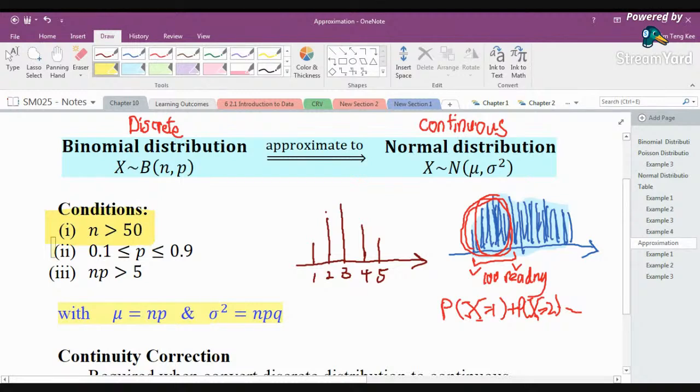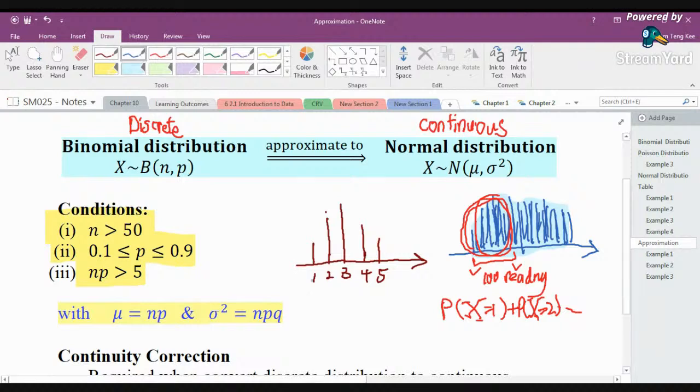Then next, we want the probability p from 0.1 to 0.9 only. We don't want to consider the probability being too small. And lastly, I want to have np greater than 5. So these are the 3 conditions that we need to fulfill in our syllabus.